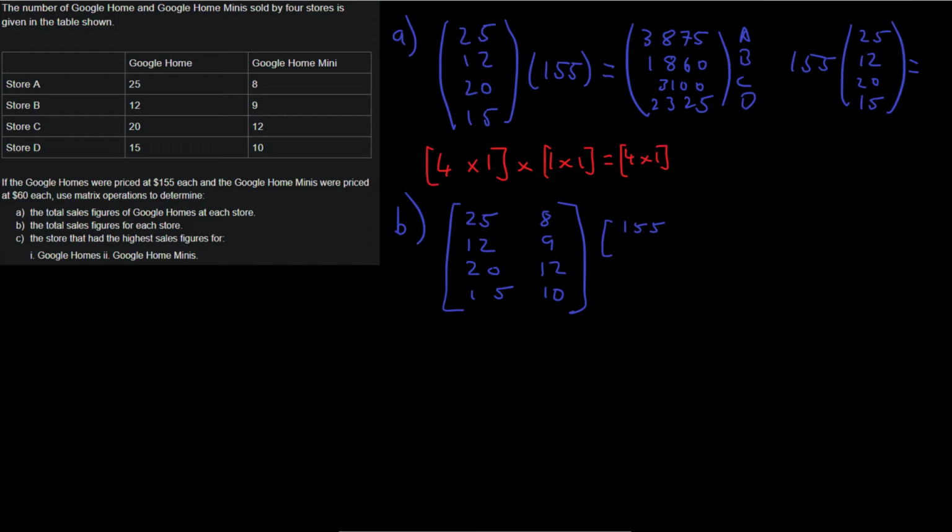Well, let's think about the order or the dimension very quickly. This has 4 rows and it has 2 columns. We want to multiply by either a 1 by 2 matrix or a 2 by 1 matrix. So how can we check whether this is possible? We want to look at the internal values. So if we have a look here, this has 2 columns. This would only have 1 row. That doesn't work.